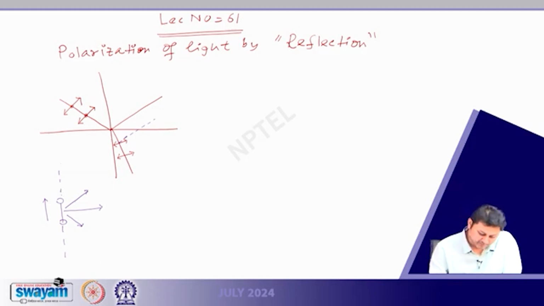If I write this as theta, then when sin theta is equal to 0, that means along the axis of the dipole, there will be no scattering, no radiation.